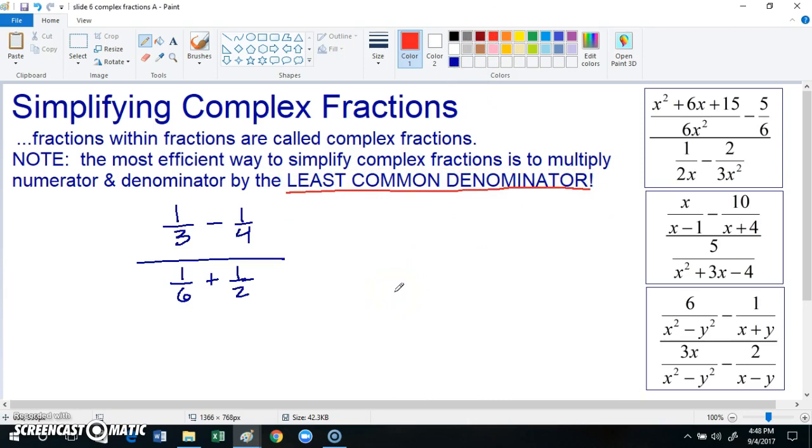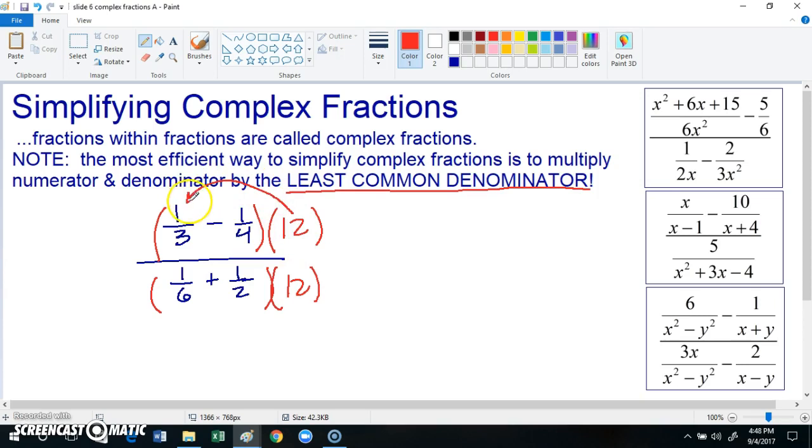Well, I think it's just 12. Do you agree? What happens if I multiply the numerator by 12 and the denominator by 12? Keep in mind, I chose 12 because all of the denominators divide evenly into 12.